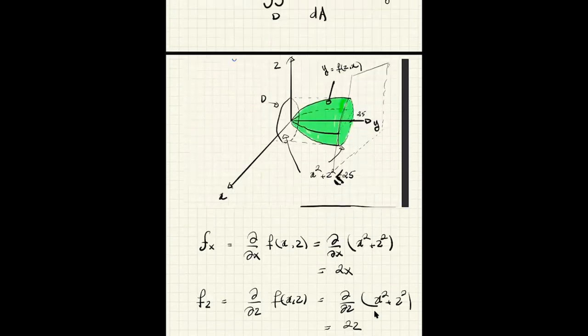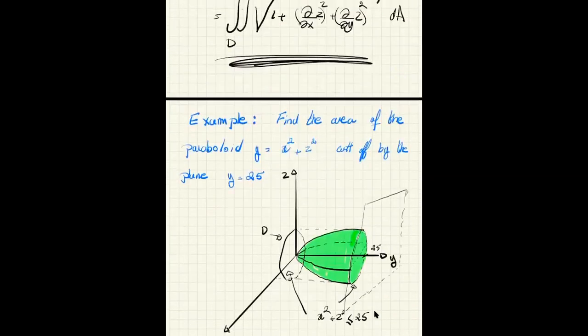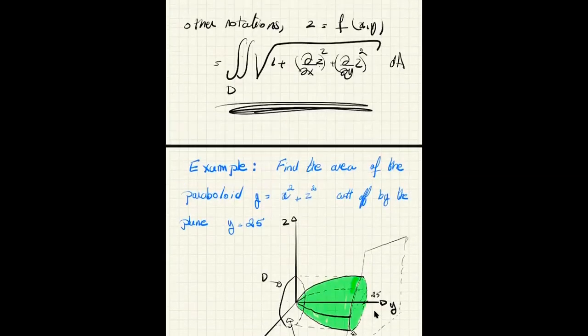And that's why I wanted to include this example. It's to confuse you a little bit so that you understand the concept. It's not just formulas that you apply and that's it. You have to understand what you're doing, because you need to understand what D is.